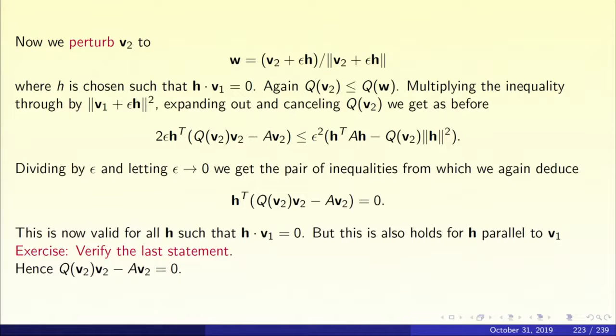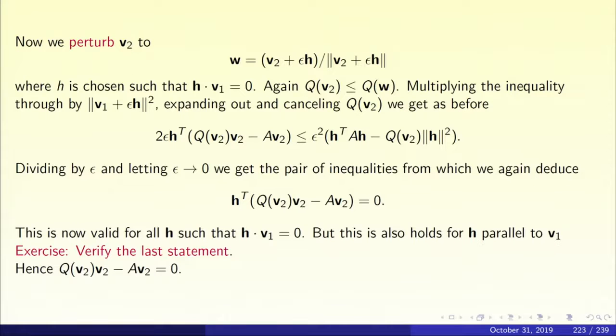Q(V2) is a scalar. So we get V1 transpose V2, or V1 dot V2. That is 0 already, because V1 and V2 are orthogonal by construction. Let us look at the other term, H transpose AV2. Remember, we have taken H to be V1. So what is V1 transpose AV2? V1 transpose AV2 is going to be the same as V2 transpose AV1.